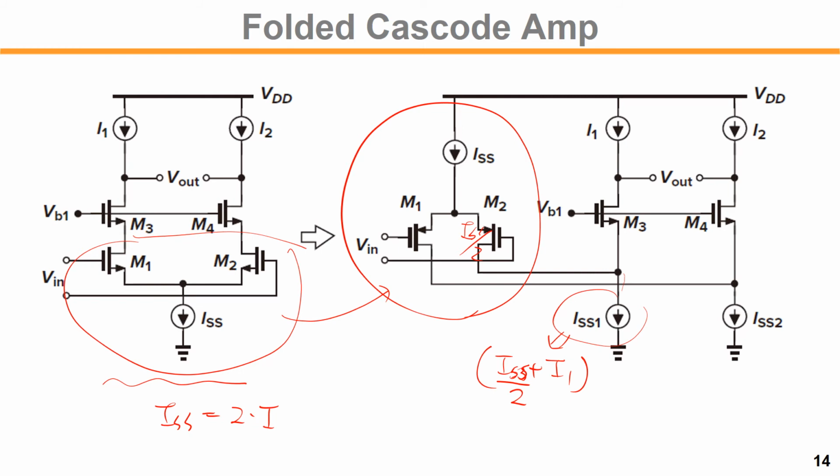So I1 plus I2, so I1 equal to I2. So 2 times I1, let's say. So here ISS is 2 times I1. So what we have is this is I1, this is I1, this is what? 2x I1. So half of the ISS here is I1, and this is 2I1, right? So you can calculate how much current each transistor needs to flow at bias condition. Okay.